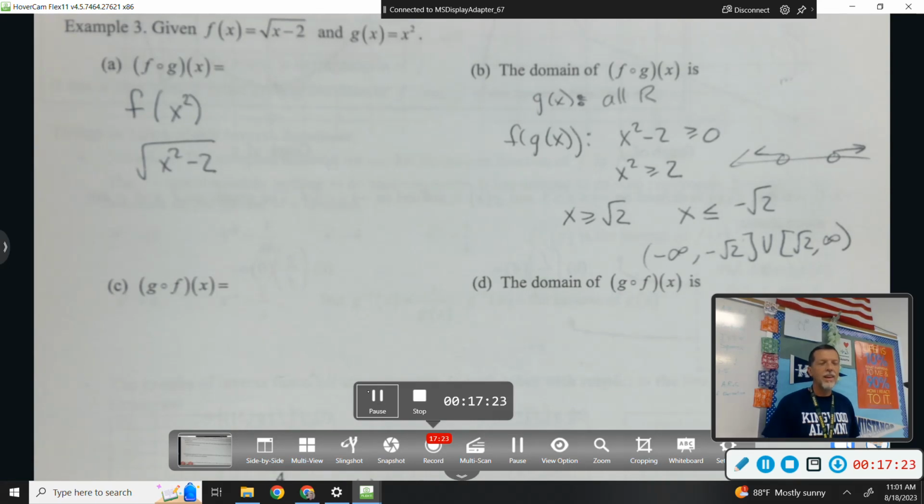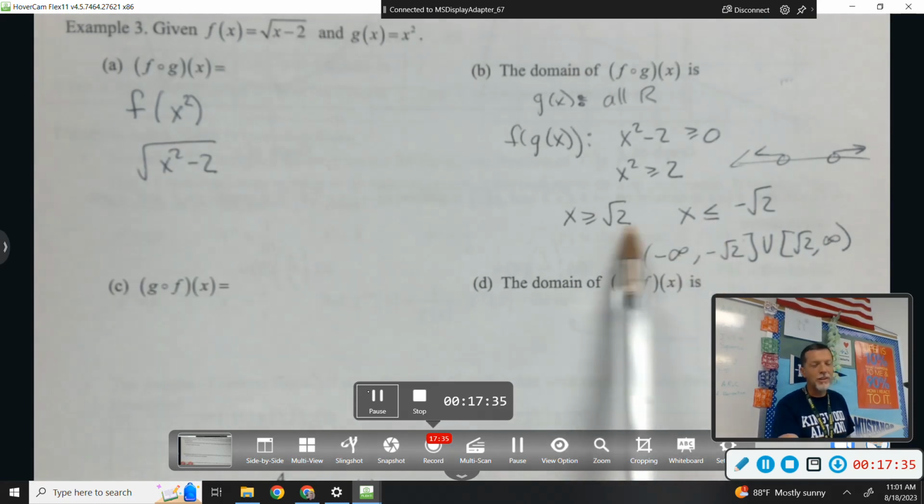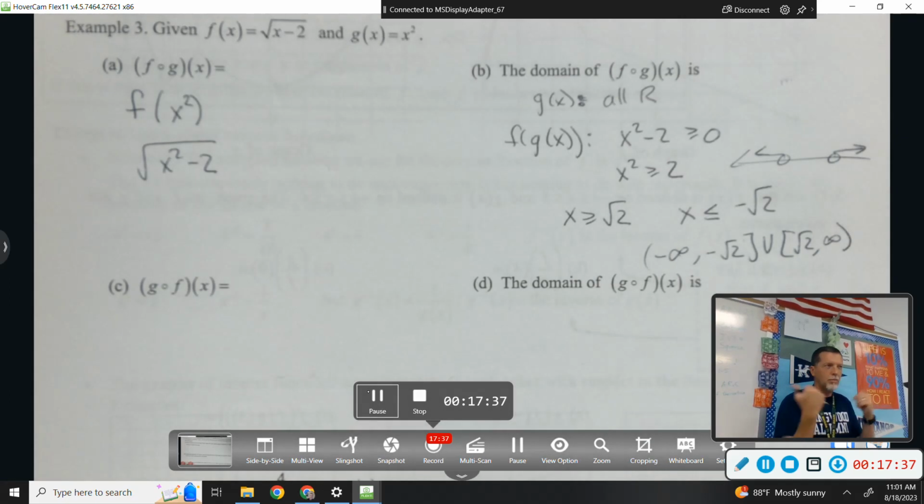When you do a square root, you got to do plus or minus, but that inequality means you better be very, very careful about which way we're going.